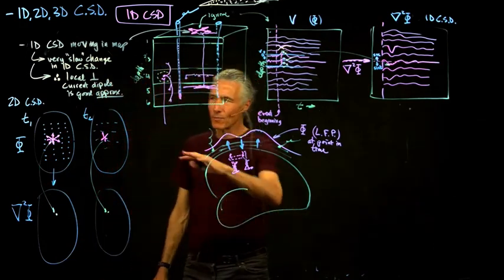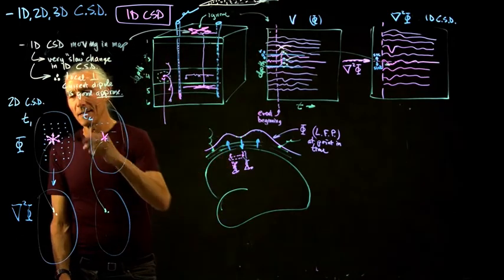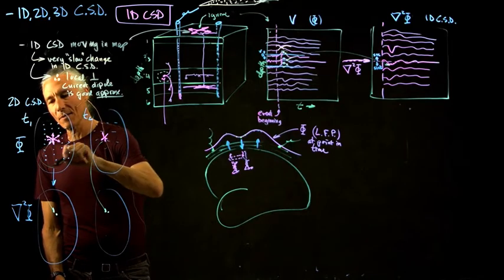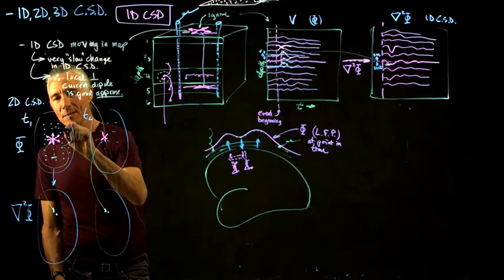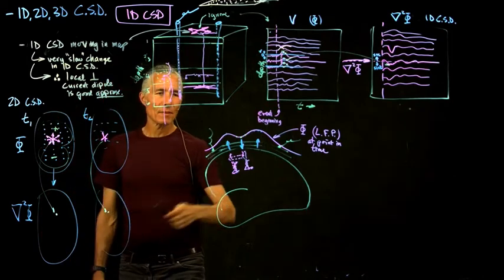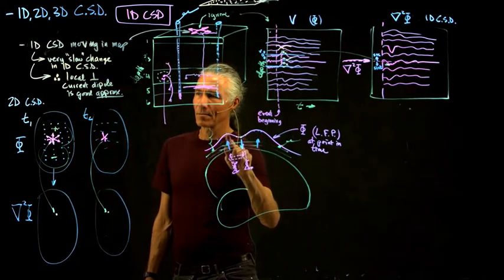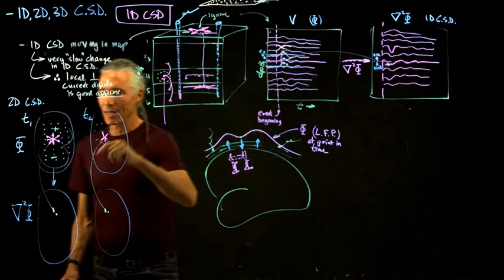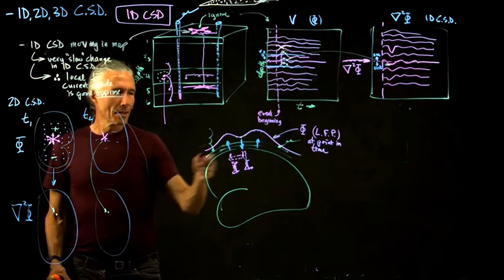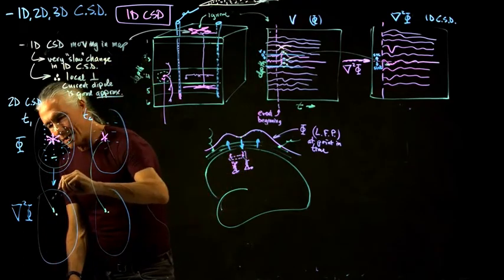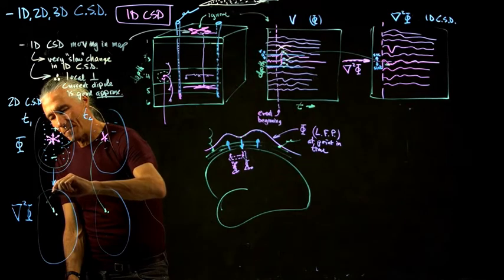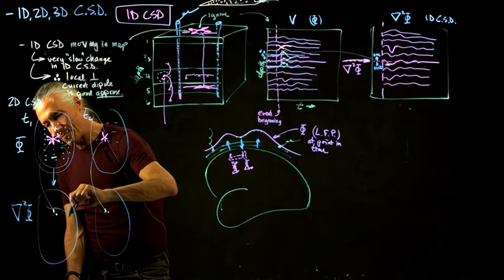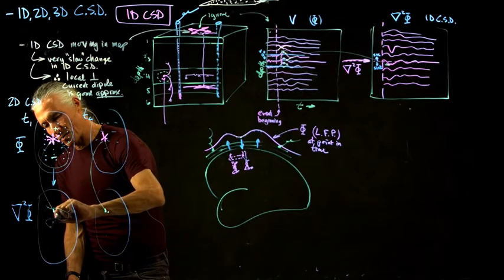So what you're going to see when you do a current source density is, say you might have had a positive field here and a negative field here. But the positive could be something like this, where it's got a little divot in it. If it has a little divot in it, it's still positive, but that corresponds to a sink, not a source. And so you'll often end up with a much more complicated picture, a more informative picture in a way, because it's telling you which cortical areas are sources and sinks.